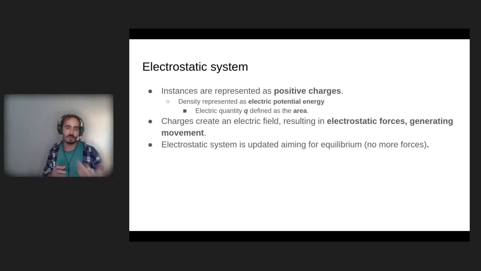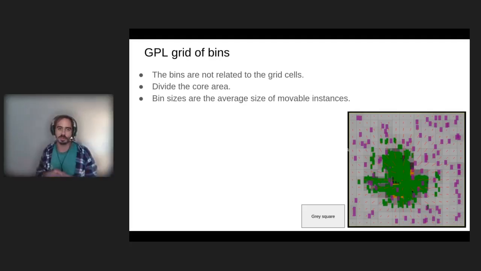If you remember from physics classes, we have this electric quantity, and we make this representation based on the area of the instances. Since we have charges, we end up with an electric field, and it also results in electric forces, which generate the movement of the instances. The electrostatic system is updated iteratively, aiming towards equilibrium, where in this case we would have no more electrostatic forces, and no movement anymore when we reach the end of the placement, right?